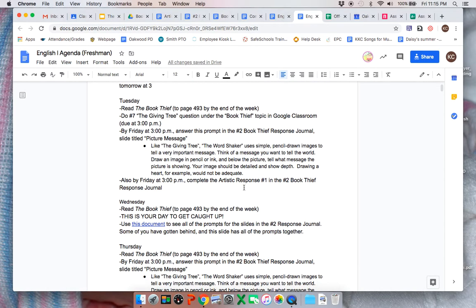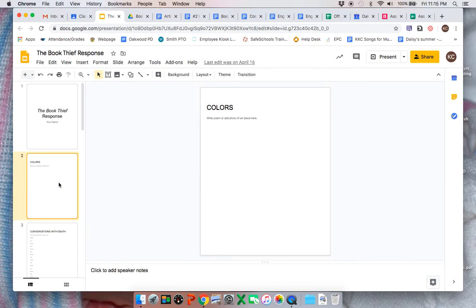Now we get into Wednesday. Oh, on Tuesday, before I get to Wednesday, I went ahead and posted what's due on Friday. It says by Friday at 3 o'clock, answer this prompt in the number 2 Book Thief Response Journal. The slide is titled Picture Message. So you go to the Response Journal, and you go to the Picture Message slide, and that's where you're going to answer this prompt.